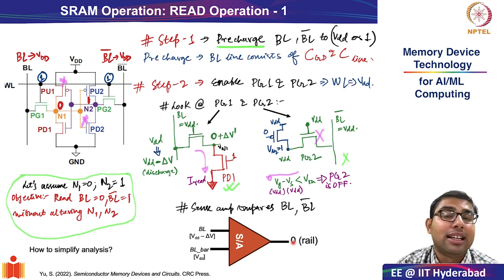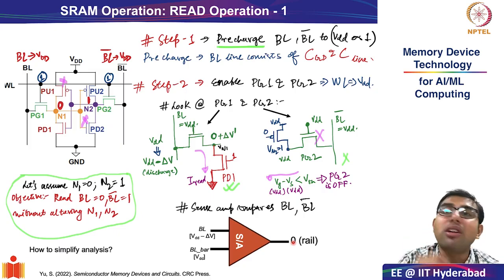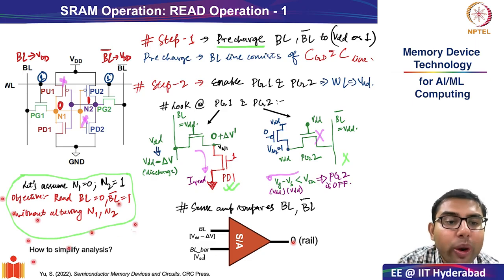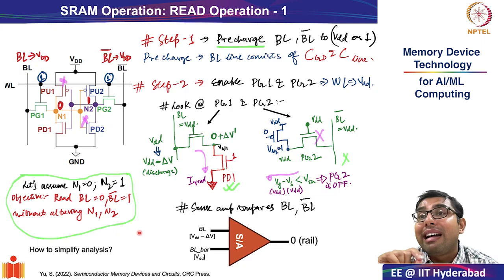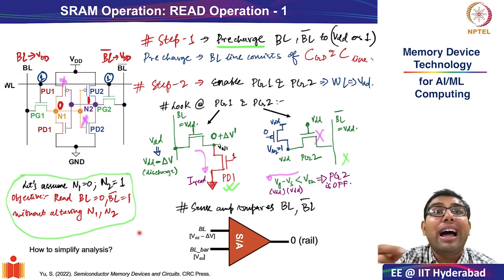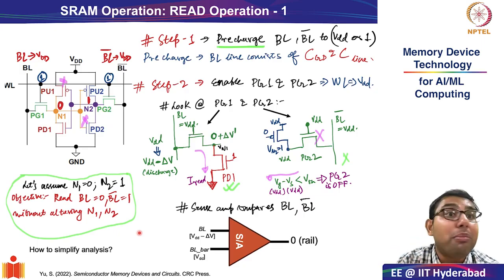However, all these things do not ensure one very important condition, and that is what we will discuss in the next slide, which is how do you ensure that all of this happens without the alteration of N1 and N2. That is a very important consideration. Otherwise, SRAM cells will become like DRAM cells.